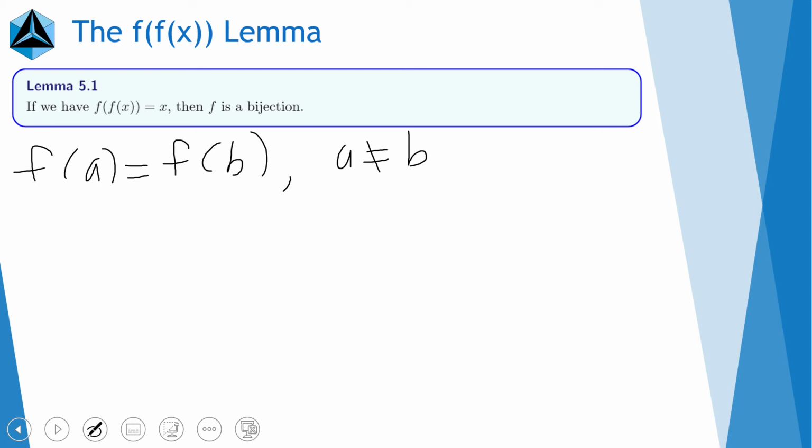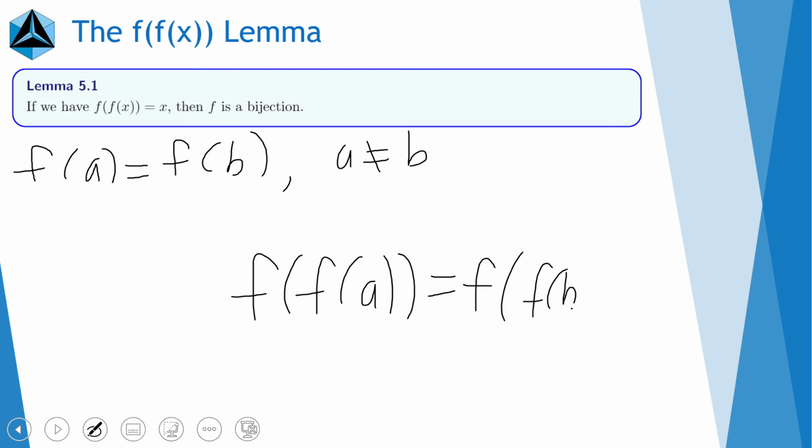Since we know that f of a is equal to f of b, we can just apply another f around them to get f of f of a is equal to f of f of b. But in fact, we have that f of f of x is equal to x, so we can let f of f of a be equal to a.